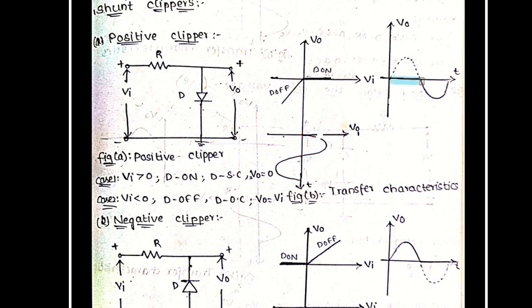That means when the input signal is increasing from 0 to 5 volts on the x-axis, there is no output voltage. Here the output voltage is 0. Hence, we get the transfer characteristics like this. When Vi increases from 0 to 5 but the output is 0, it appears like this.